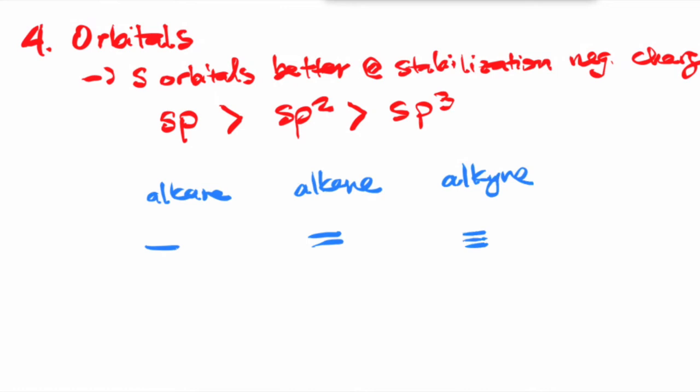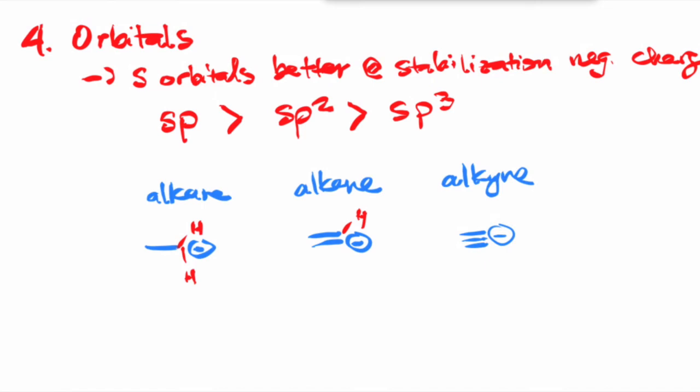We can illustrate this point. We can compare the acidity of the alkane, the alkene, and the alkyne. So if we took away a proton from each of these molecules, what would its conjugate base be? In this case, the negative charges are all on a carbon atom, so atoms are not going to help us. There's no resonance, and there's no real induction effect. So the only thing that separates these three molecules is the orbitals in which the negative charges are on.